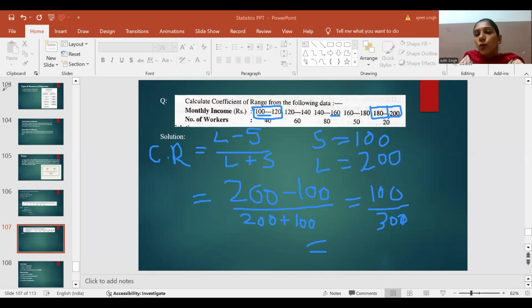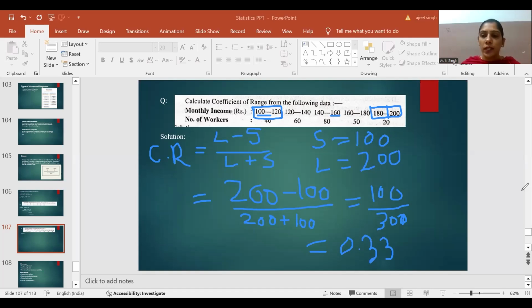So the answer is 0.33. Okay, this will be the answer of the coefficient of range.